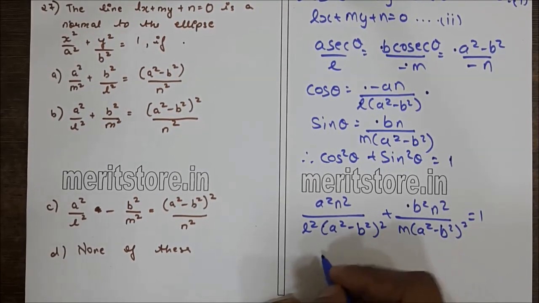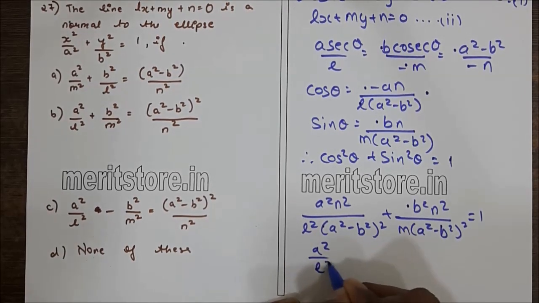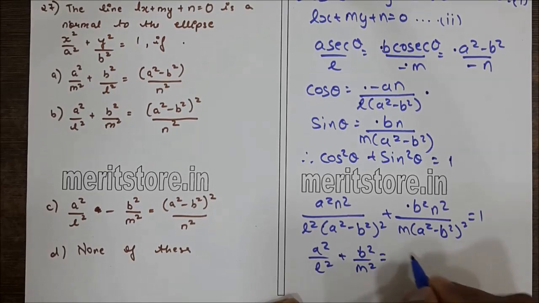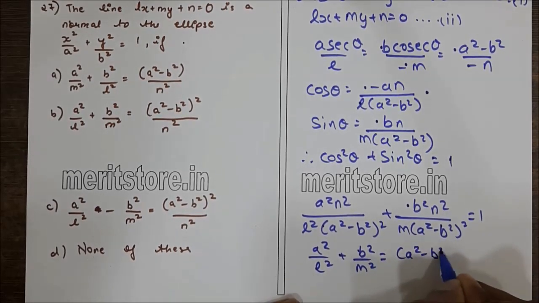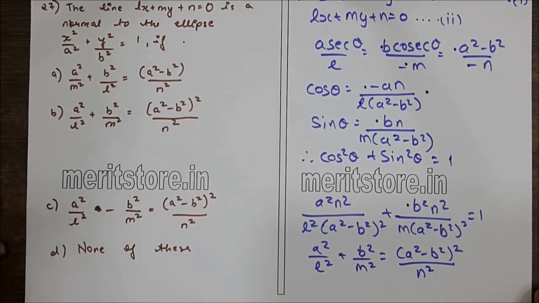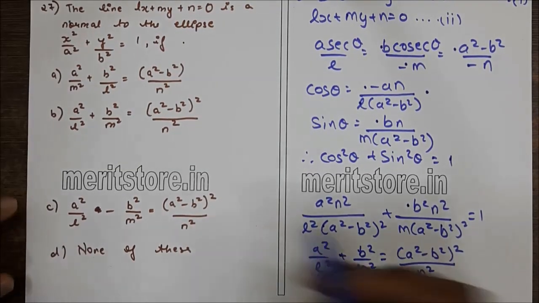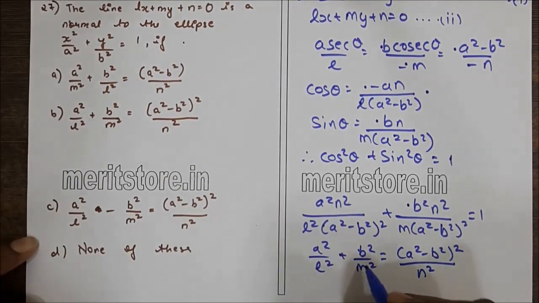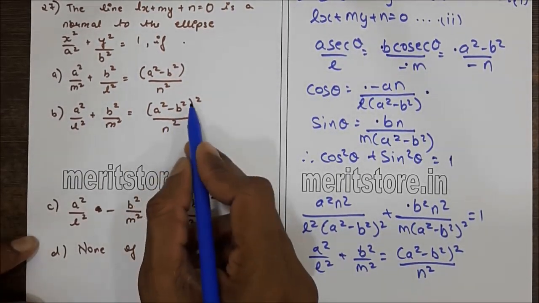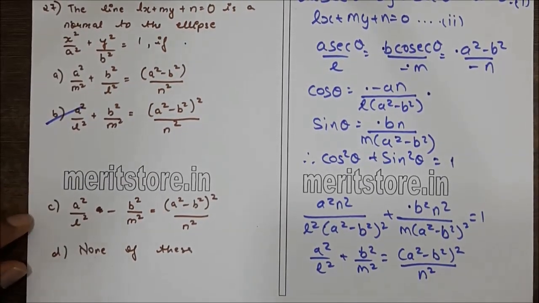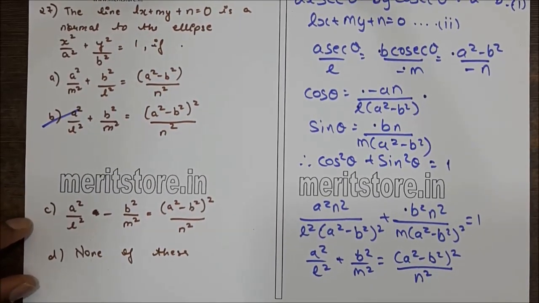Further solving this, we get a square upon L square plus b square upon m square equal to a square minus b square the whole square upon n square. So if we check our option B, that is a square upon L square plus b square upon m square equal to a square minus b square the whole square upon n square, which is option B, which matches with the answer. Therefore option B is the correct answer.